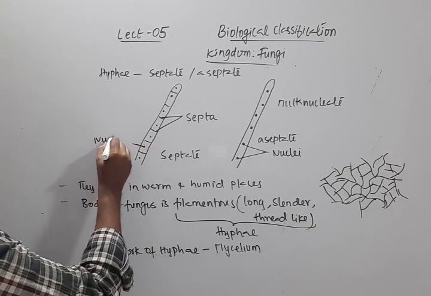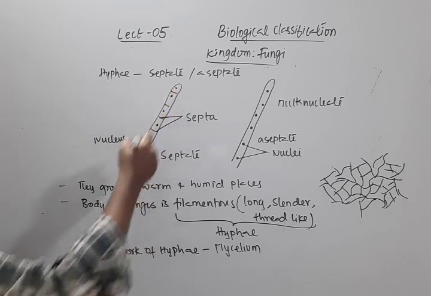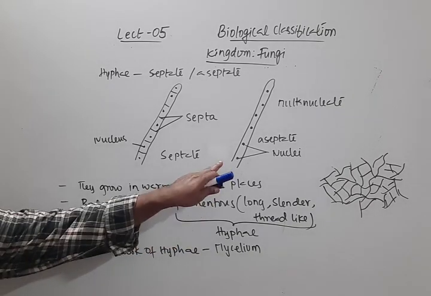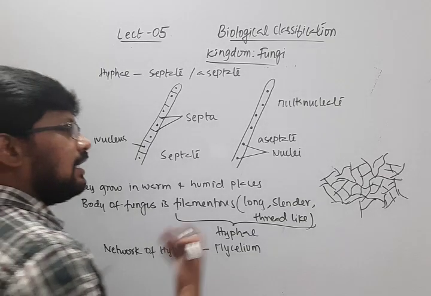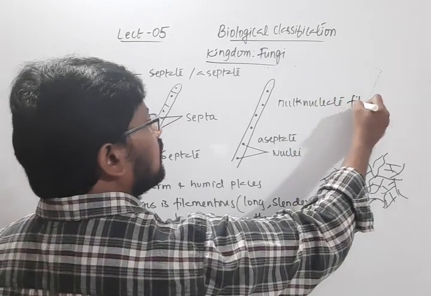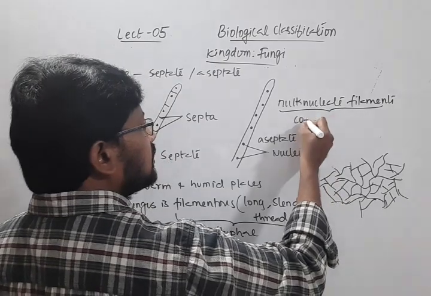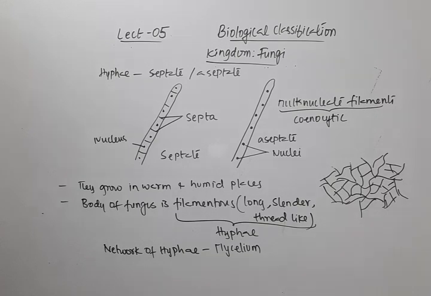Here you can see each partition has its own nucleus and looks like a chain of cells, but this one looks like a single cell with many nuclei. So the condition is called multinucleate. And those multinucleate filaments we can call coenocytic, the so-called coenocytic condition.